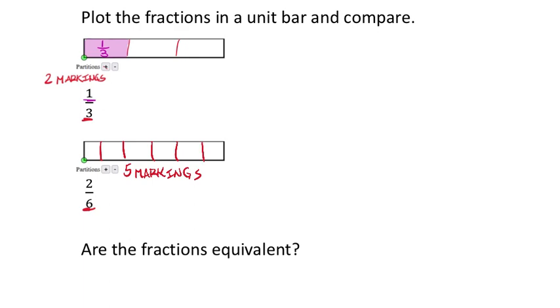Okay, and it says here, use 2 of the sixths. Okay, that's a sixth right there. Here's another sixth. So I would need to shade those 2 sixths in order to show 2 sixths.